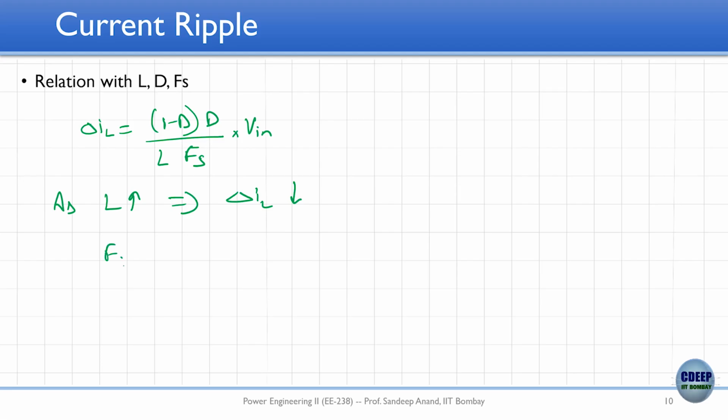As switching frequency increases, ripple reduces. If I have to keep the same ripple for some reason, you can later on see what is the reason, and I want to reduce the inductance, right? What can I do?